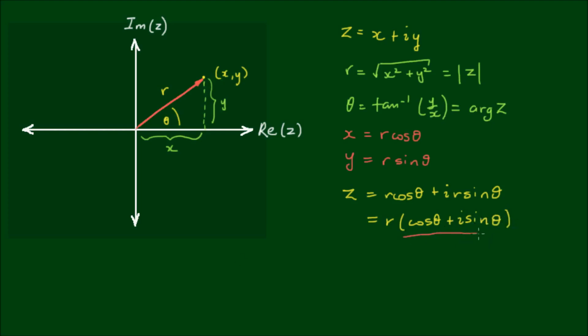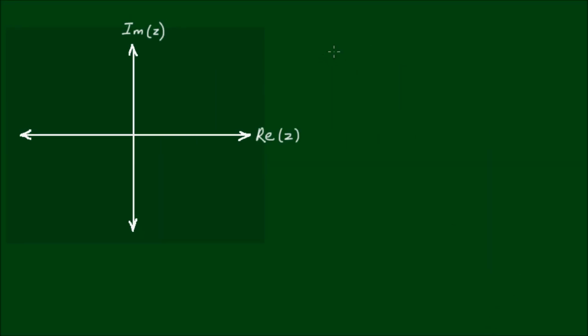And this expression here can be abbreviated to cis theta. So z can be written as z equal to r cis theta, or you may see it written as mod z cis theta. And this is what we call the polar form of the complex number, or we can also call it the mod argument form.